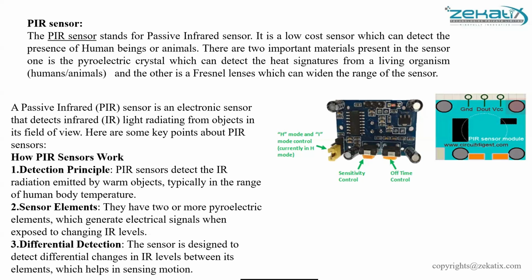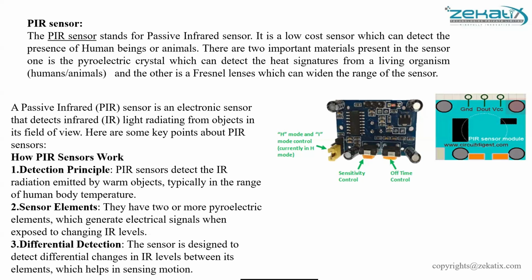The last one is the sensing element. Proper calibration should be there in order to avoid false triggers. Performance can also be affected by temperature fluctuations, airflow and obstructions. Still, it proves very useful compared to other sensors.